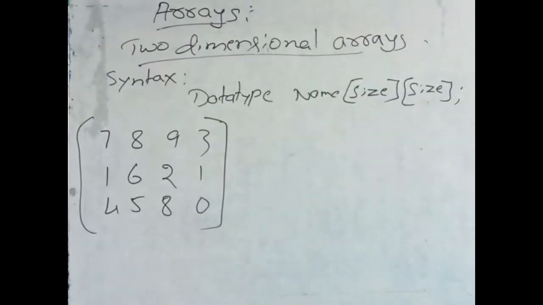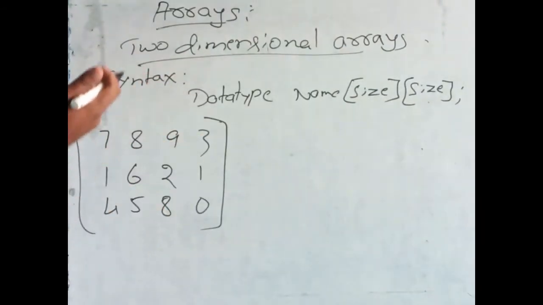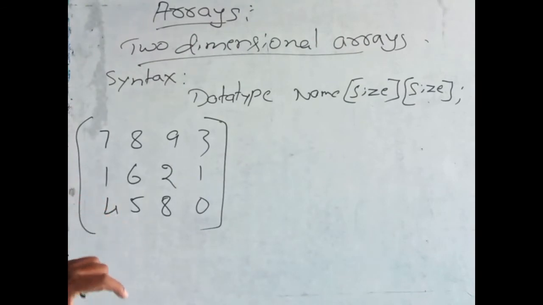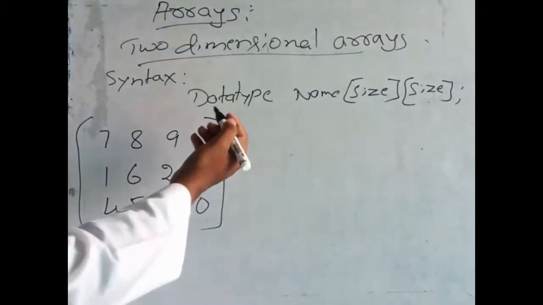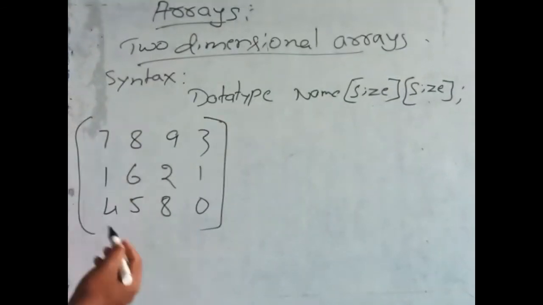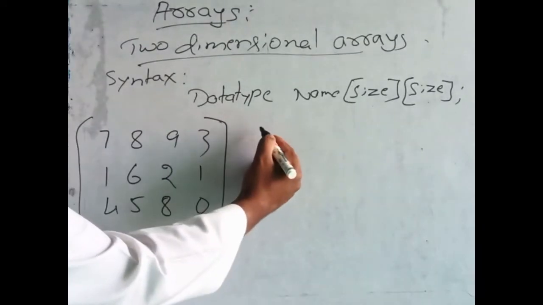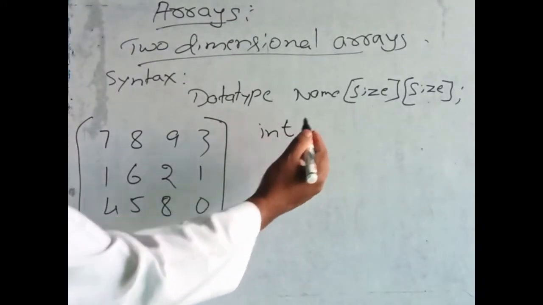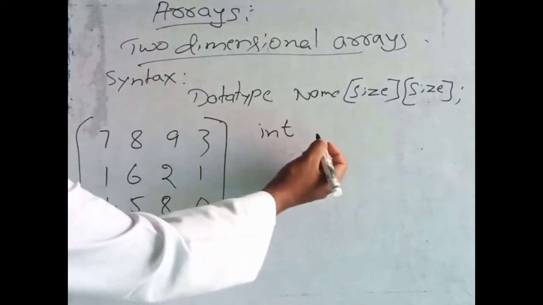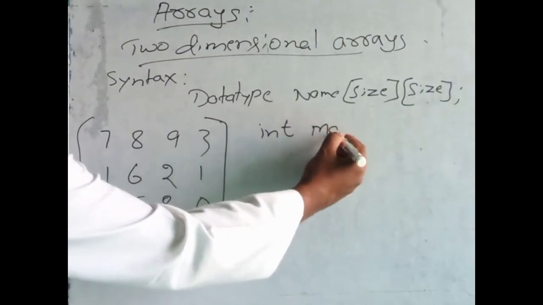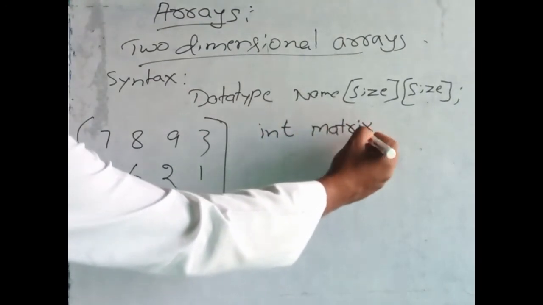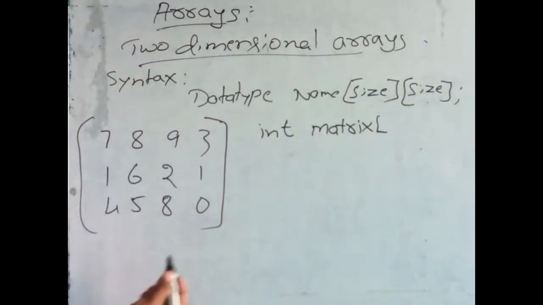Now, how do we represent this matrix using C++? That is by using the two-dimensional array. For example, these are all numbers only, so it is an integer array. We can give any name. I am giving the name matrix here.